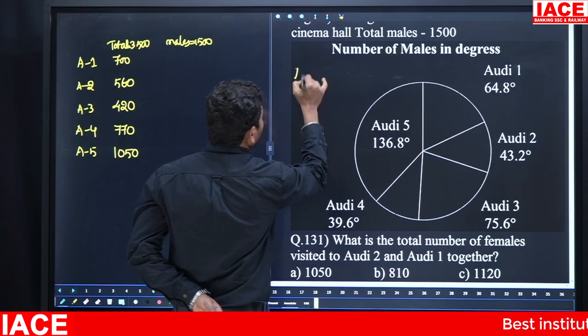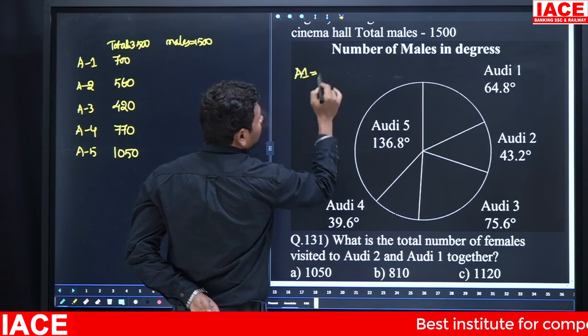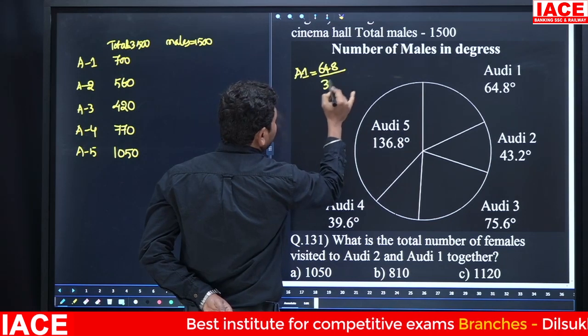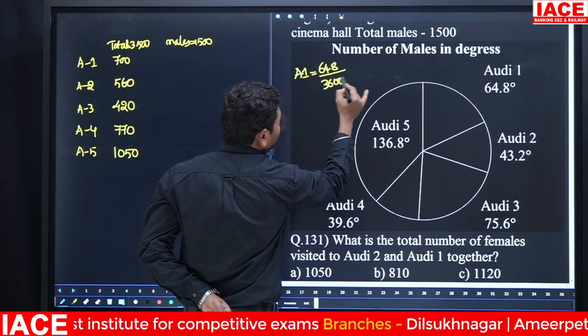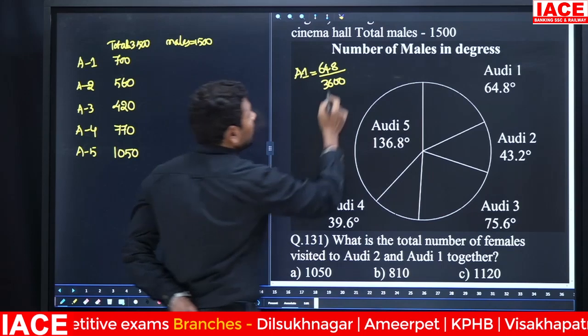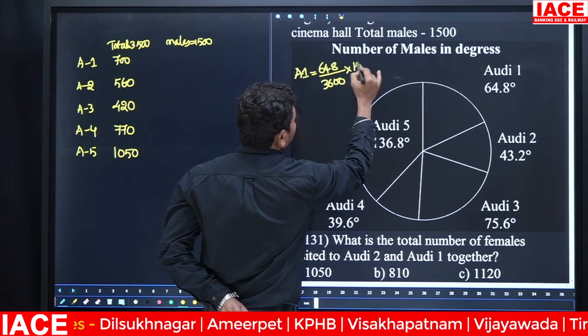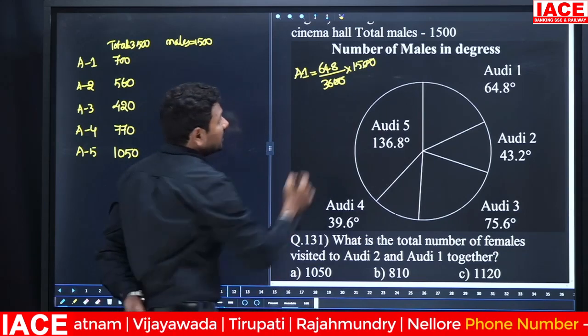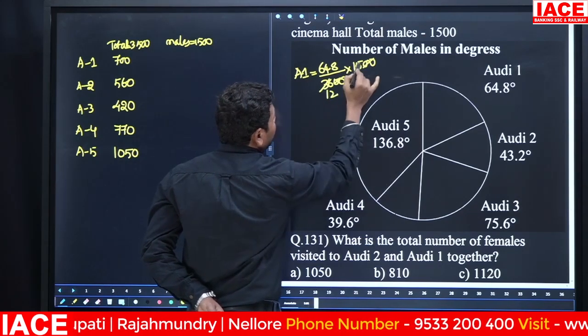First of all I will take RD1. RD1 is 64.8 degrees by 360 degrees. For the decimal, I am writing another 0 in the denominator, out of 1500. Here the 0 will be cancelled. Then 3 12s and 3 5s.